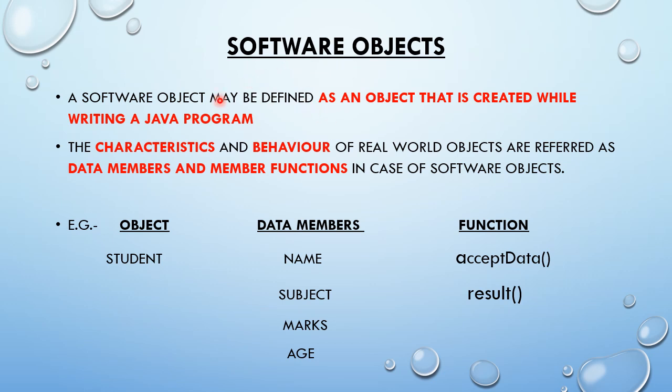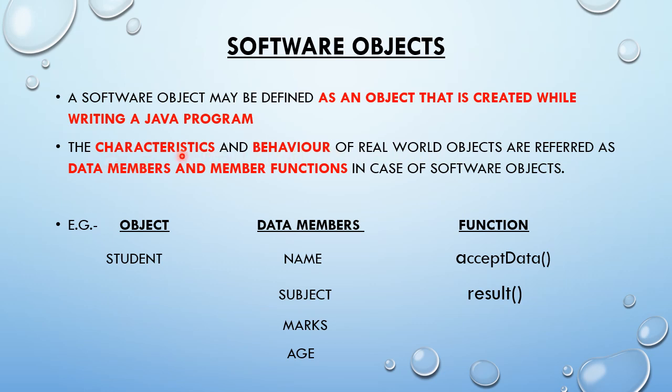It's a software. So a software object may be defined as an object that is created while writing a Java program. Fine. The characteristics and behavior of real-world objects are referred to as data members and member functions in case of software objects.